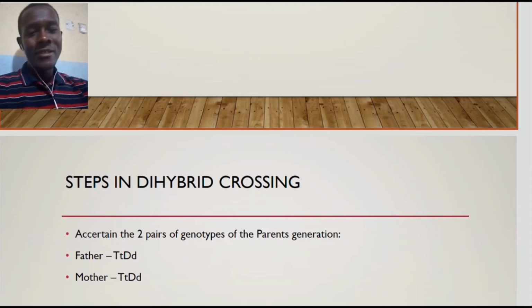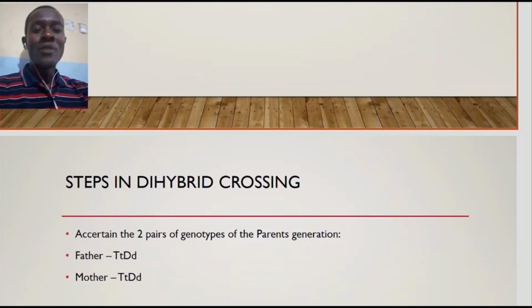Then for the mother's genotype, we're going to be seeing almost the same thing as the father's genotype. You have heterozygous dominant tall gene with a recessive short gene, and also heterozygous dominant dark gene with a recessive fair gene.